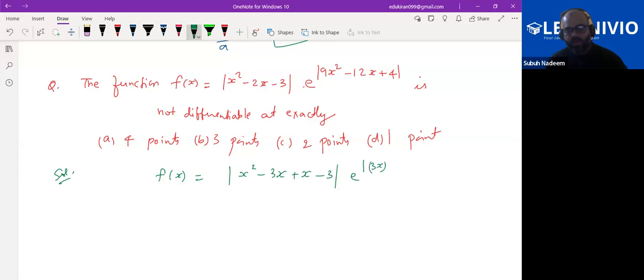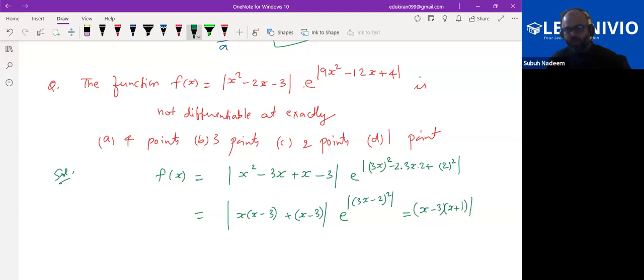This is 3x whole square, this is 2 square, 4, and this is minus 2 into 3x into 2. So it is mod of x into x minus 3 plus x minus 3, e to the power mod of 3x minus 2 whole square. So it is x minus 3 into x plus 1 in mod, into e to the power this is a square and mod.